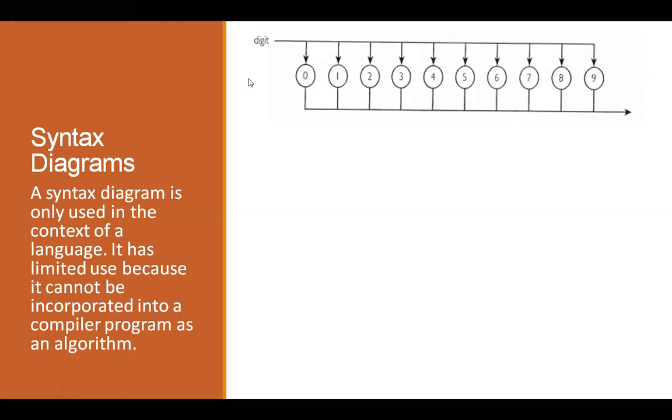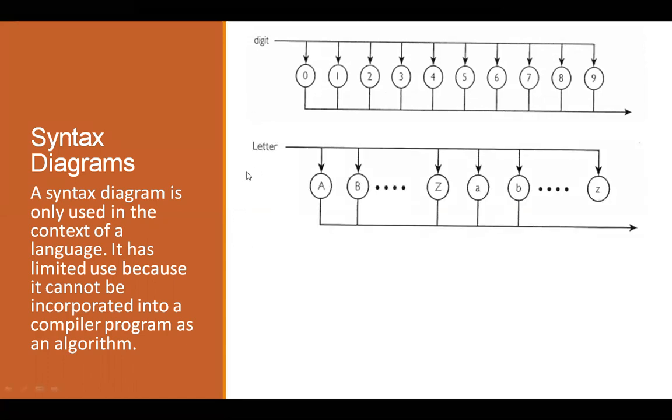In this syntax diagram, we are saying that a digit can be anything from 0 to 9. Notice that all the arrows originate from one single line, which means a digit can be this or this or this. This is how we define the OR.